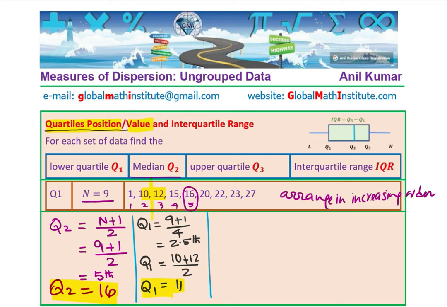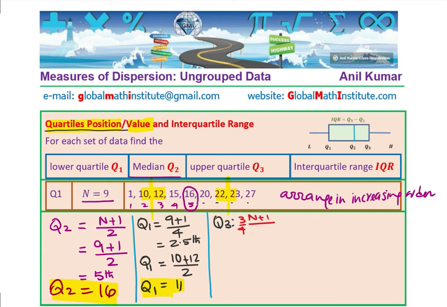Now Q3, let us visualize Q3 first, right? We see 1, 2, 3, 4, it is definitely between these two, right? That becomes the middle value. Is that clear to you? Using the formula, how do we get it? Well, it is 3/4 of n plus 1 divided by 2, right? You get the idea, right? So 3/4 of this, right?